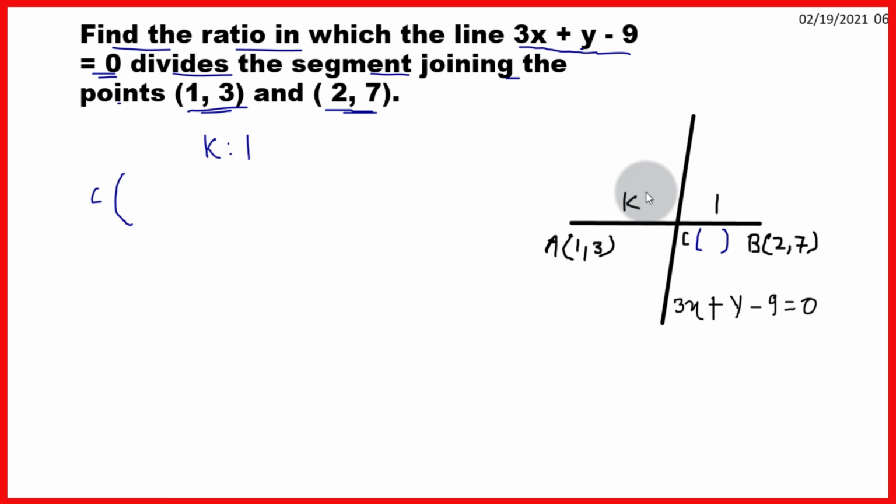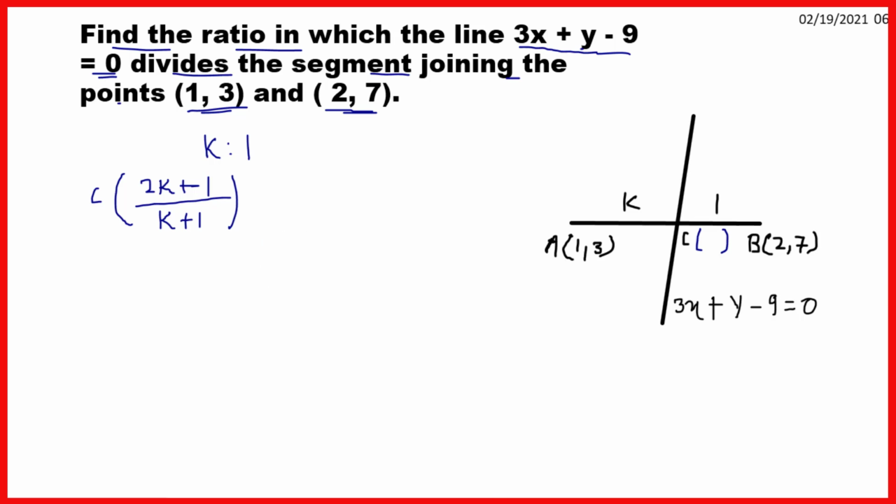It will be (m1 x2 + m2 x1) / (m1 + m2). So m1 x2 is 2k, plus m2 x1, that is 1 into 1, so plus 1, upon m1 + m2, that is k + 1.